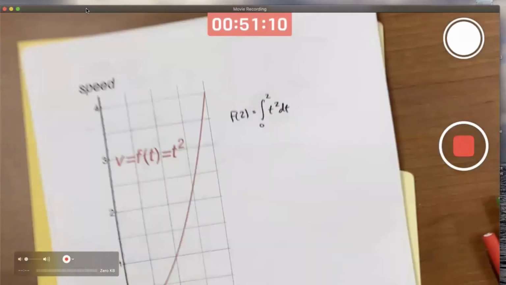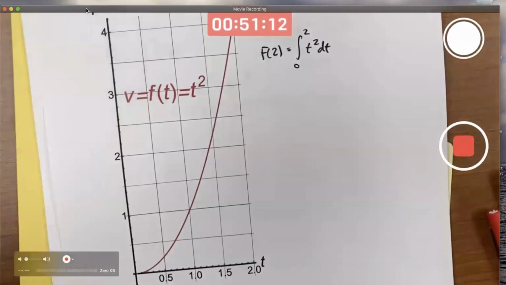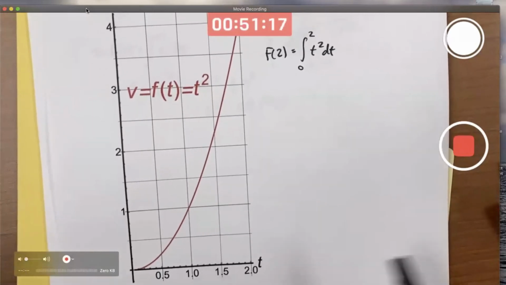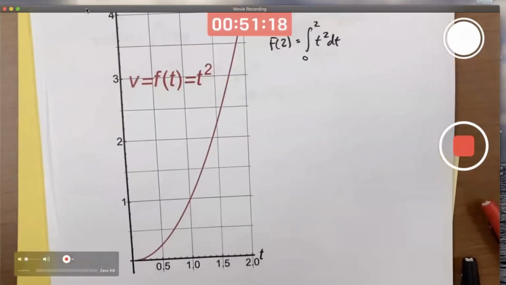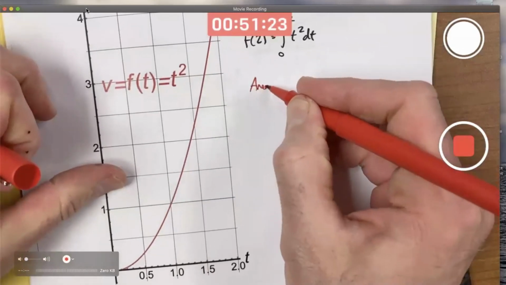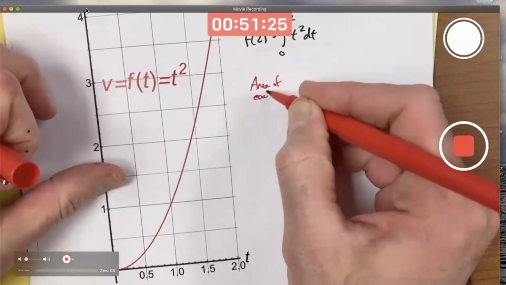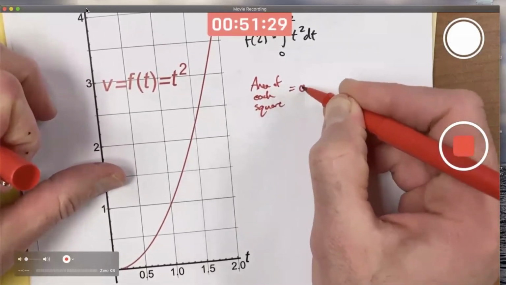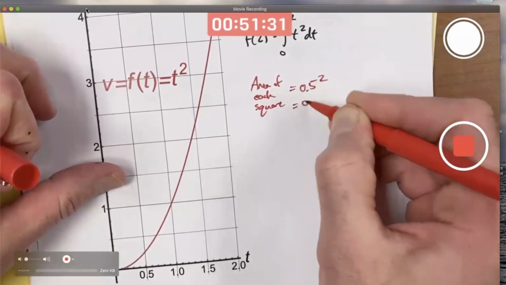What's the area of each square? Well, the base is 0.5 and the height is 0.5. Oops, sorry. Area of each square is base times height, 0.5 squared, which is 0.25.